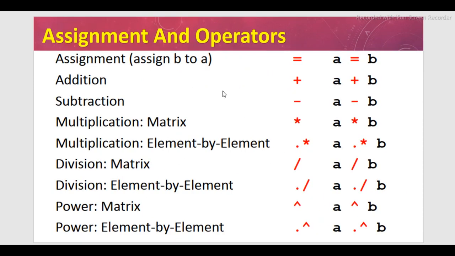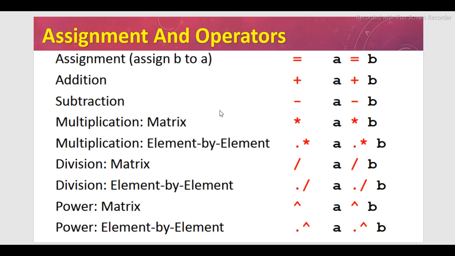And last of all, assignment and operators. Assignment, that is assign b to a, we call it equal, a equals b. Then addition, a plus b. Then subtraction, a minus b, that is minus. Multiplication in matrix, that is star.